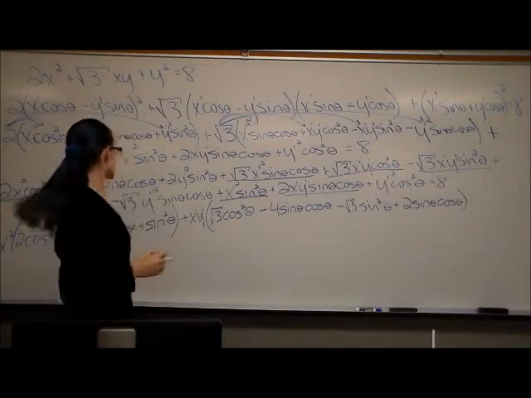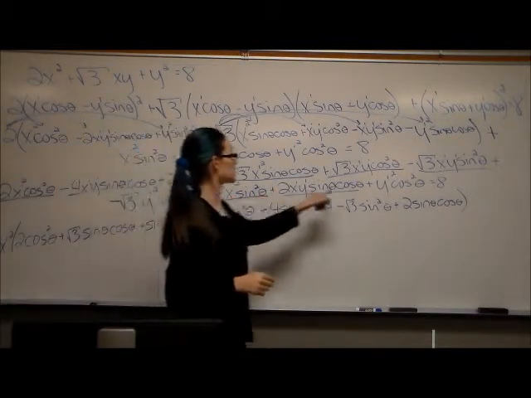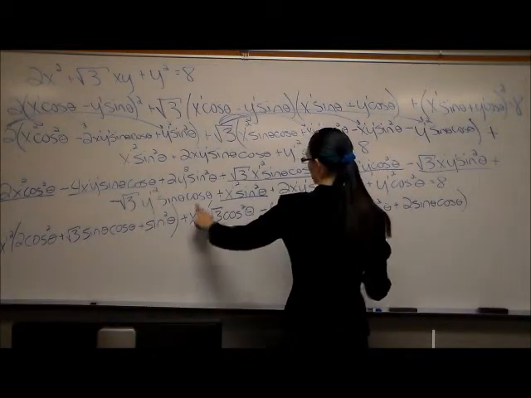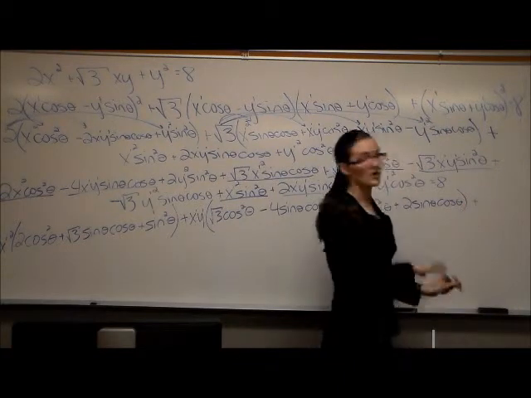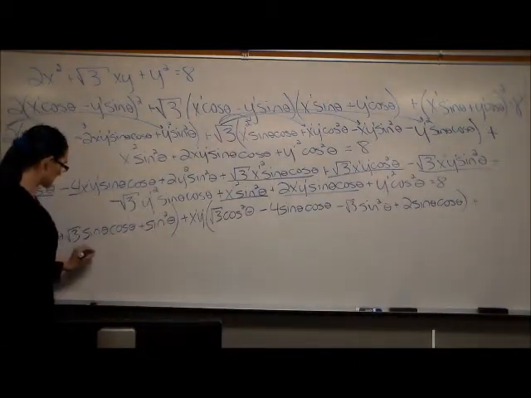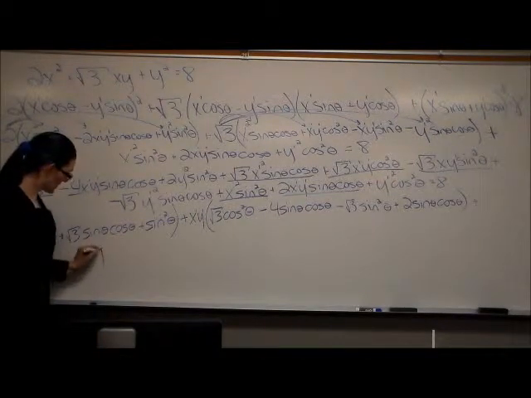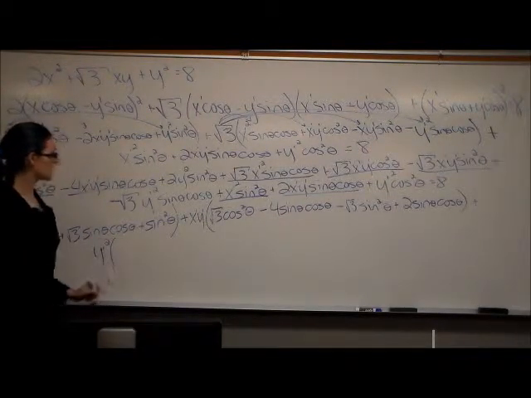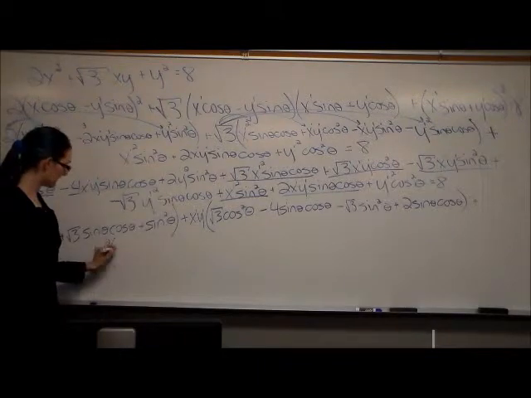Now we go on to the next one. All we have left are the y prime squares. So we're going to do plus to tell you that it keeps going, and start with your y prime. So we have y prime squared times 2 sine of theta.